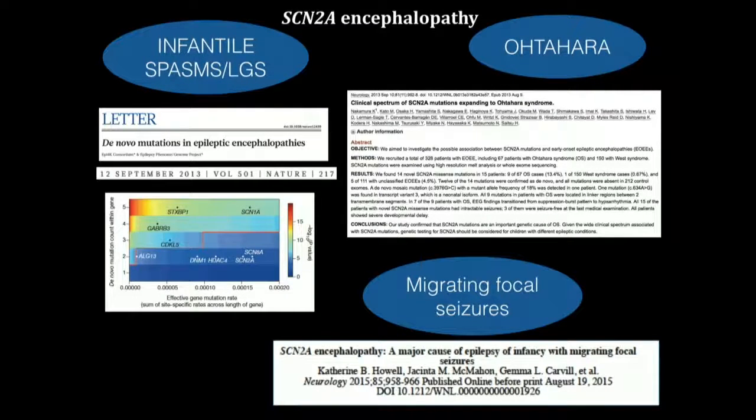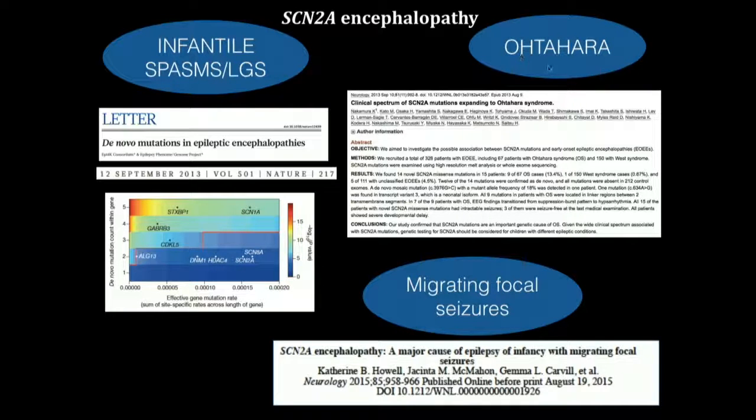But then, with the era of NGS, SCN2A was related to severe encephalopathy, so a phenotype which is the opposite to the one we have seen. And the consortium EP4K sequenced 4,000 exomes of patients with epilepsy associated with West syndrome, infantile spasms.